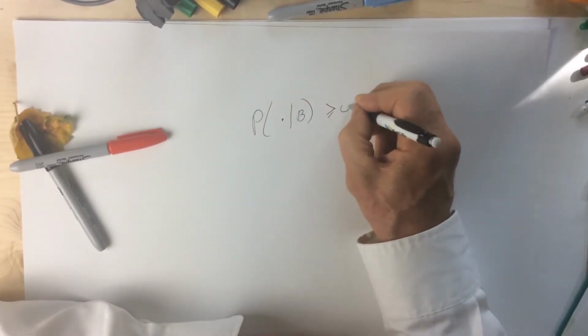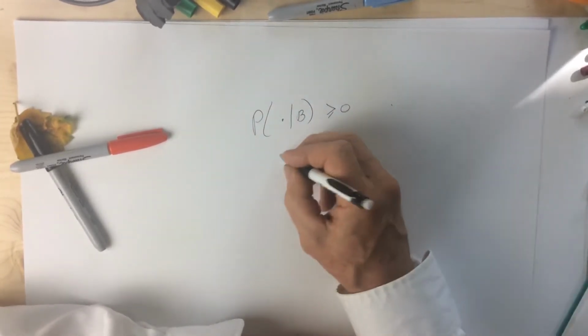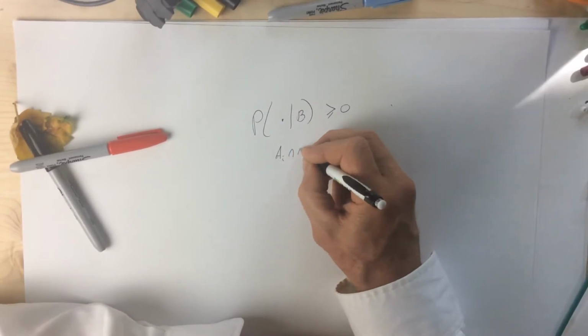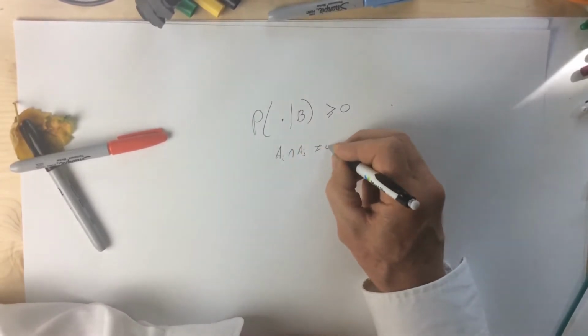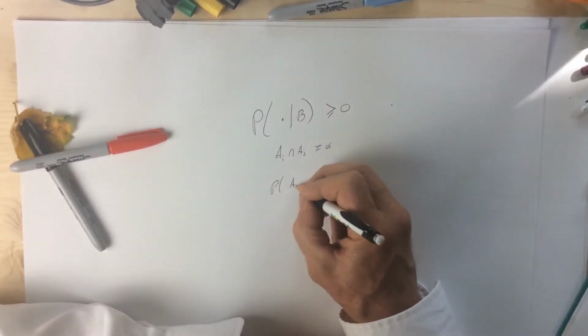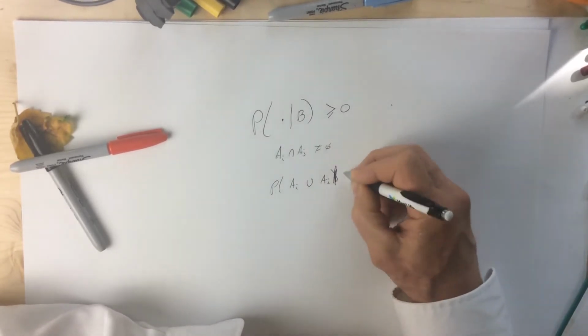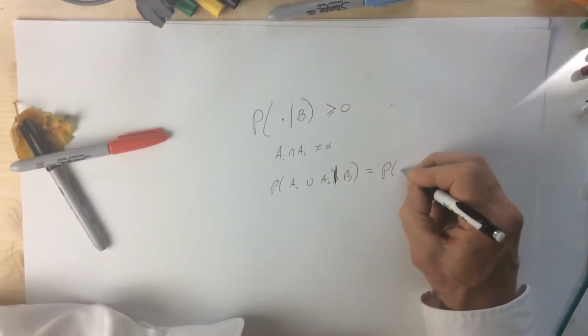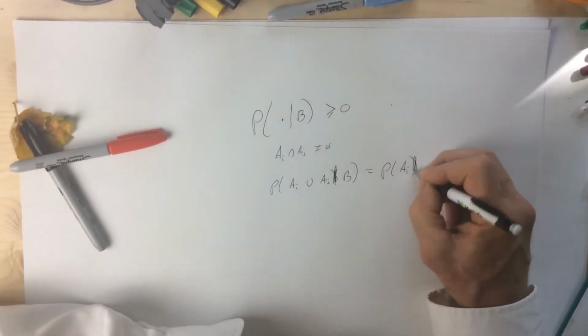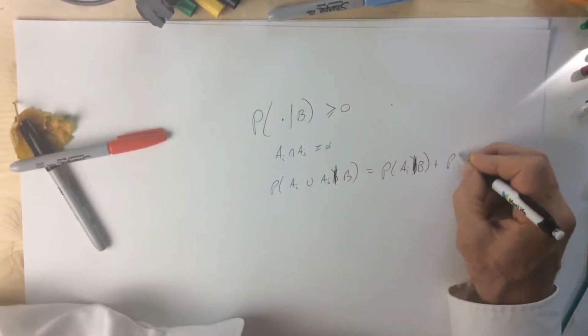First off, they're all greater than or equal to 0. If you have disjoint events, then the probability of Ai or Aj given B is just the sum of those two pieces.